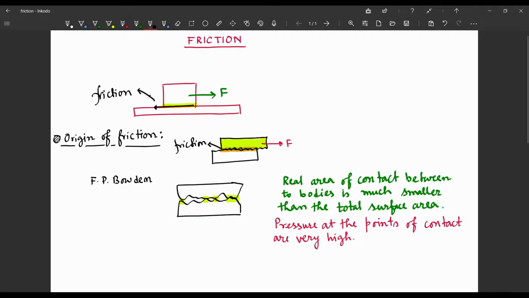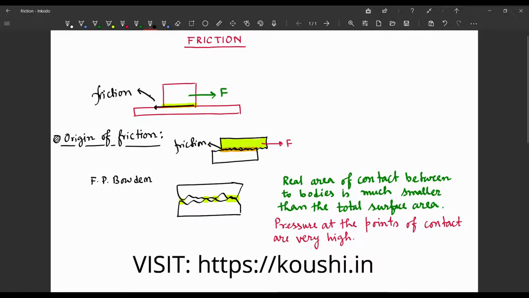Due to the high pressure at the points of contact between these two bodies, a molecular force is generated at those points. These forces are attractive in nature and this is adhesive force.